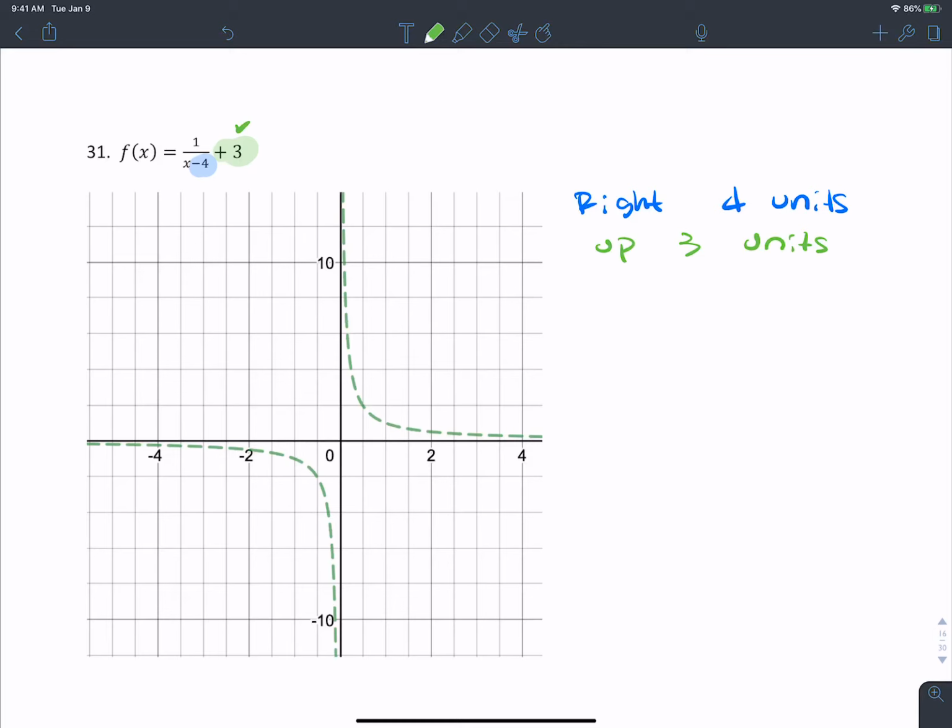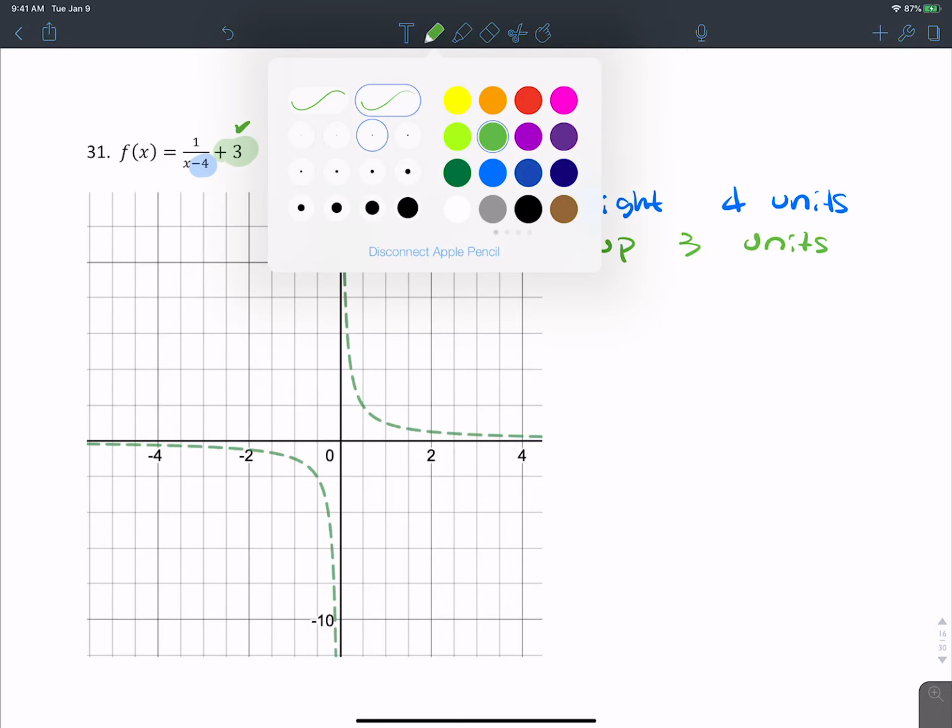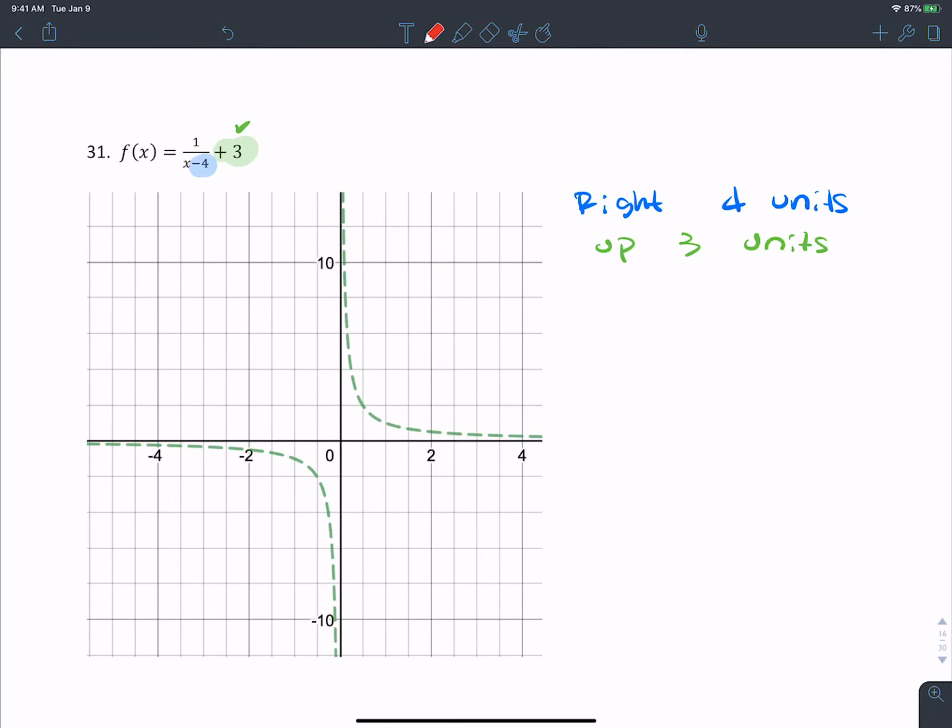So every point gets shifted. Now, because you have x asymptotes and y asymptotes here, we're going to shift both the y and x axis right 4 units, up 3. So let's start here in red. We're going to have to move the x axis up 3 units. So here's 1, 2, and 3. This is the equation y equals 3.